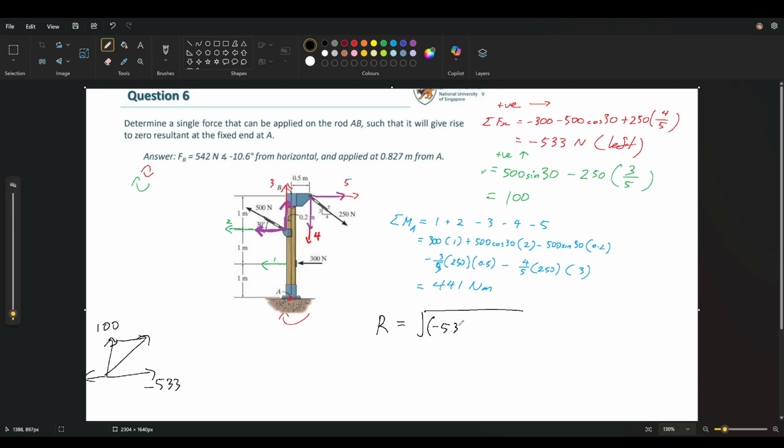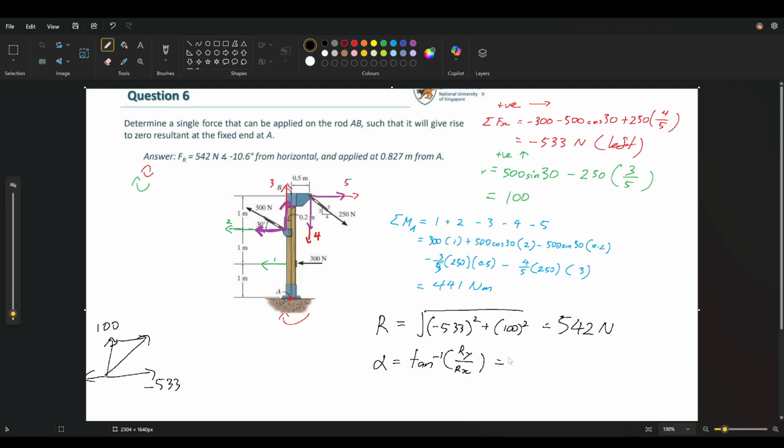negative 533 squared plus 100 squared, which should give you this number. I'm too lazy to press my calculator at this point. And then for your angle, it's basically tangent of resultant y over resultant x, which I will press my calculator for because I want to confirm.